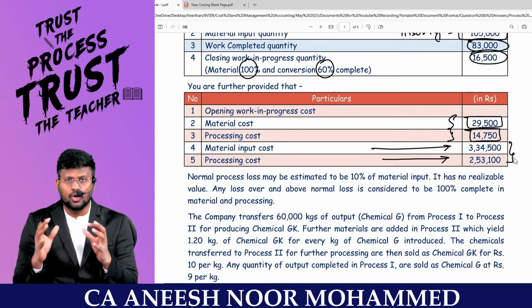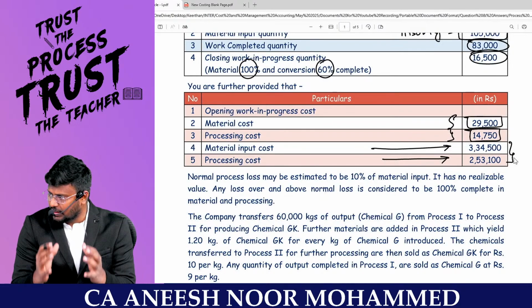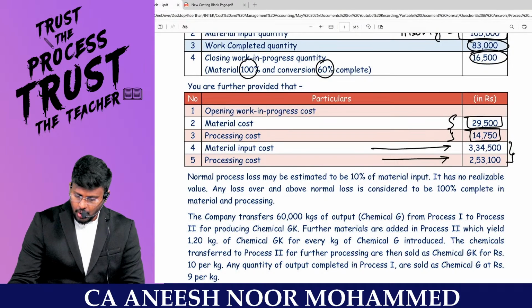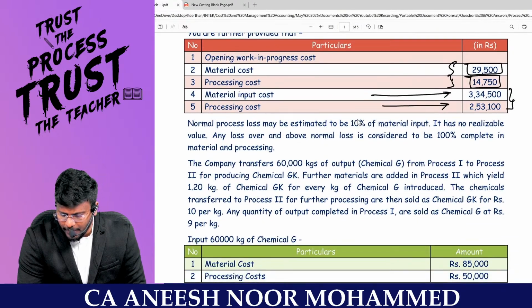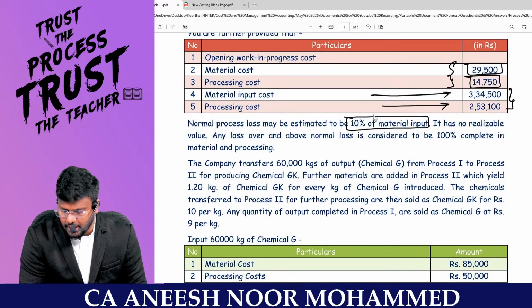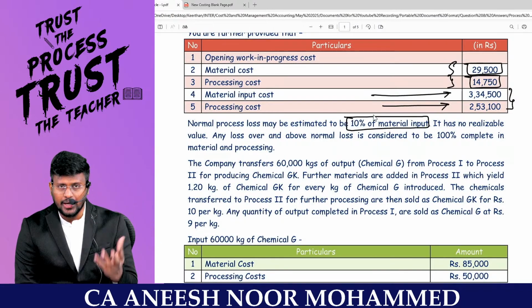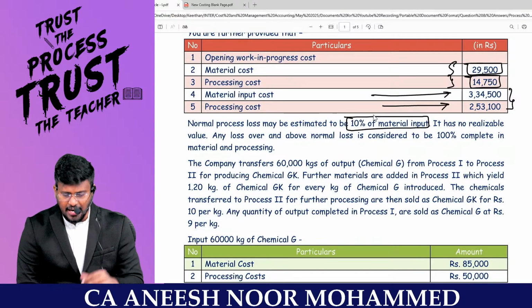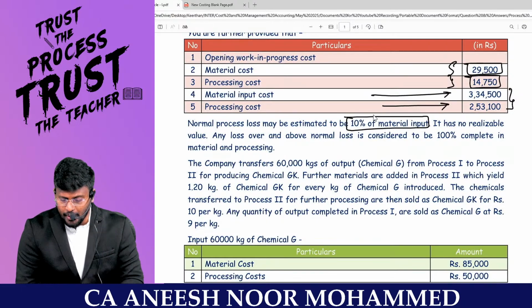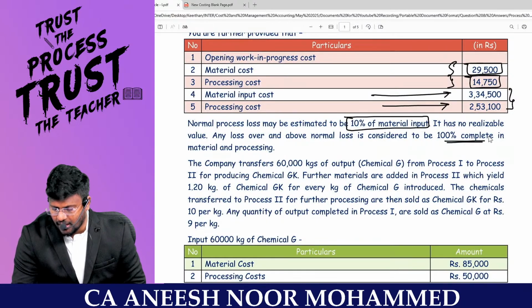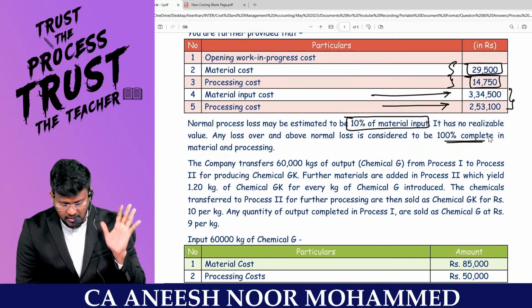So this is the cost we have incurred in the current period. Normal loss is estimated to be 10% of the material input. It has no realizable value, so there is no value for the scrap. Any loss over and above the normal loss is considered to be 100% complete in material and processing.